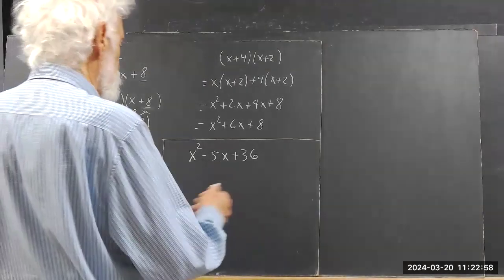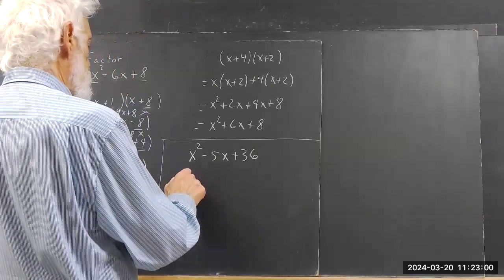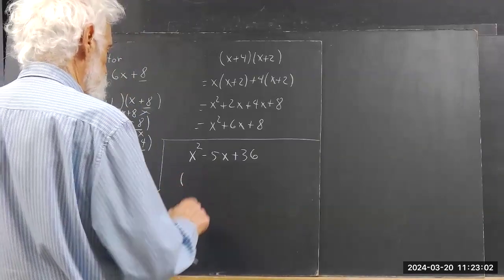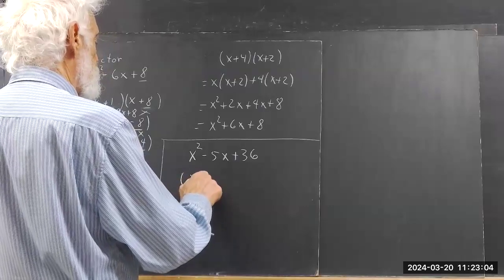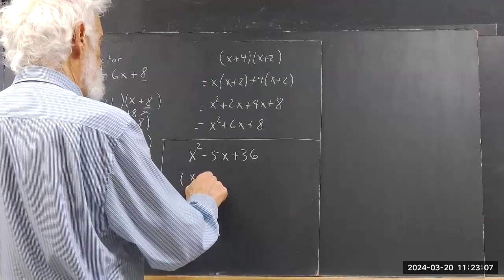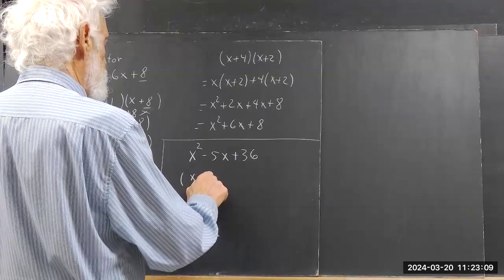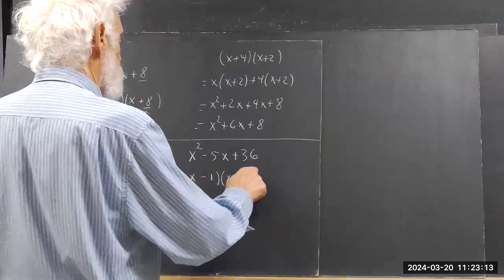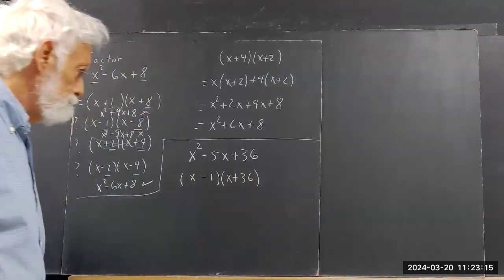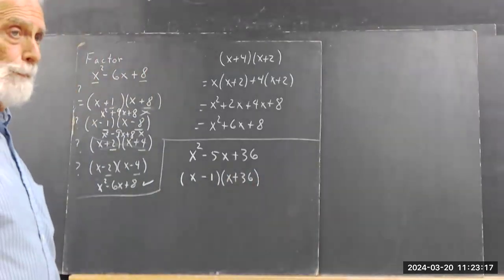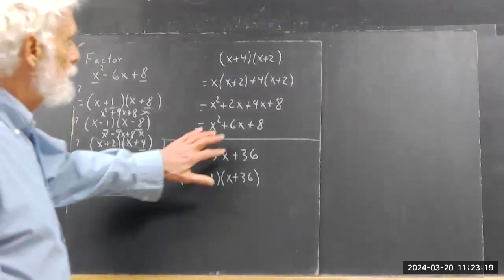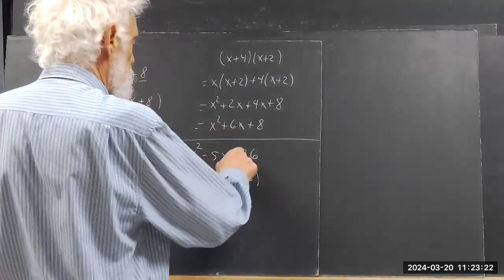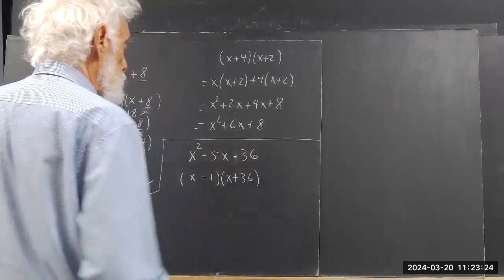And that's the way I like to start this process. So that would be like, maybe that could be x minus 1 and x plus 36. Okay. That's, oh, it should be a minus 36 over here, but a plus adding that one.